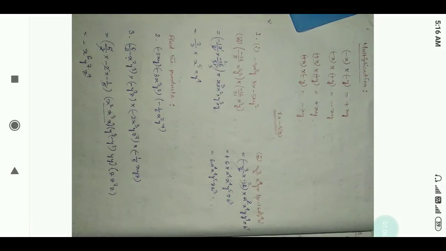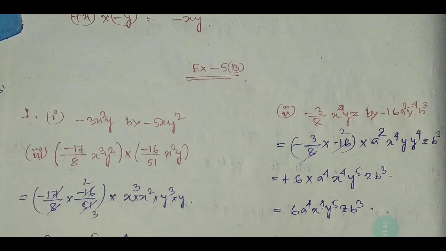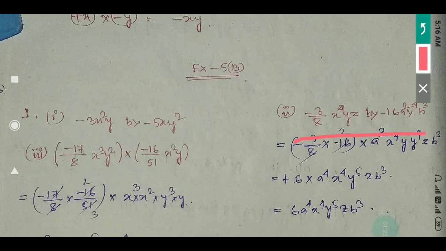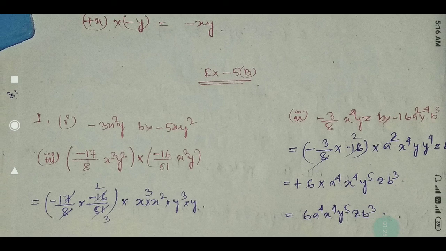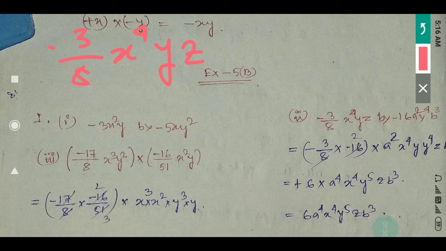It is given that minus 3 by 8 x power 4 y, multiplied by minus 16 a square y power 4 b cube.